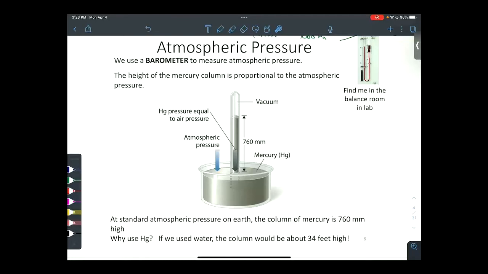More pressure means the column will be higher. If there's less pressure, then the column will be lower. So the whole idea of 760 millimeters of mercury is literally they did this to make this device. They let it equilibrate, and they measure how high the column of mercury is to be equal to the atmospheric pressure, and it happens to be 760 millimeters of mercury.